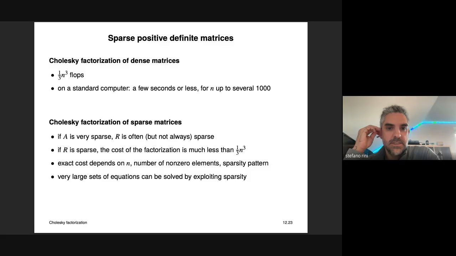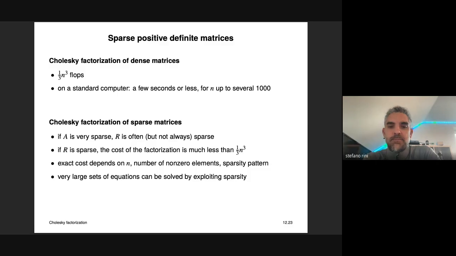This is the one that we just discussed. And this will take a few seconds for n up to a few thousands. But n up to a few thousand is no longer the standard for our machine learning algorithms. Our n can be of millions, right? Our n can be very, very large if, let's say, it's a gradient of an LLM. So these matrices that we are dealing with are much larger in general.